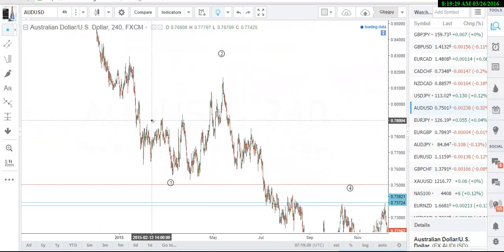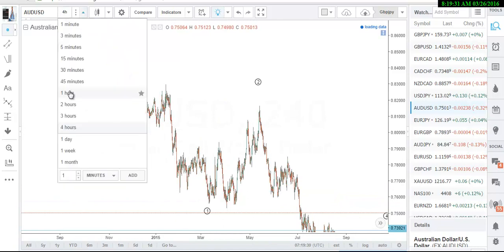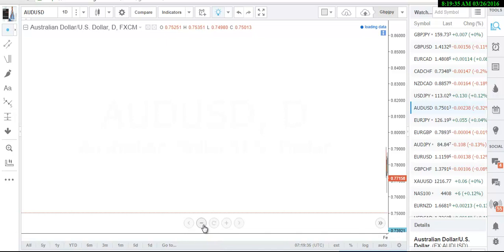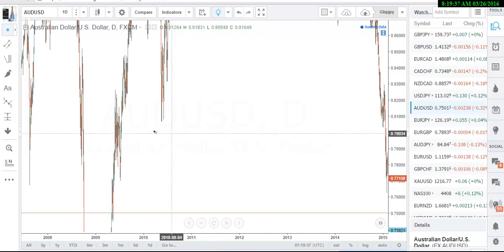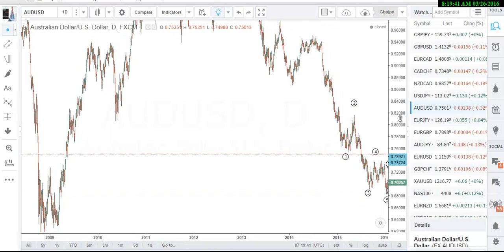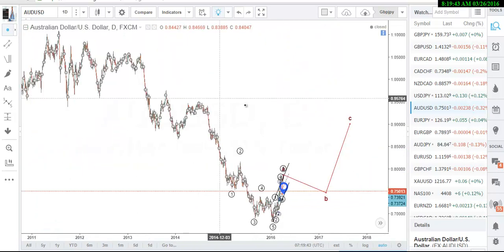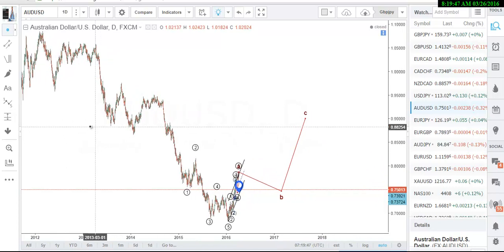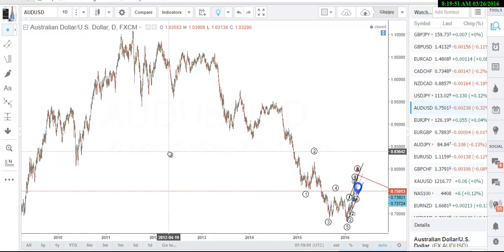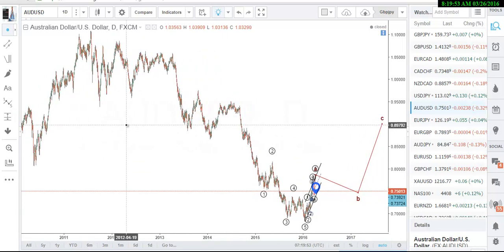Now we move on to the daily chart and zoom in. Actually, I didn't label this very well, but I will still show you.